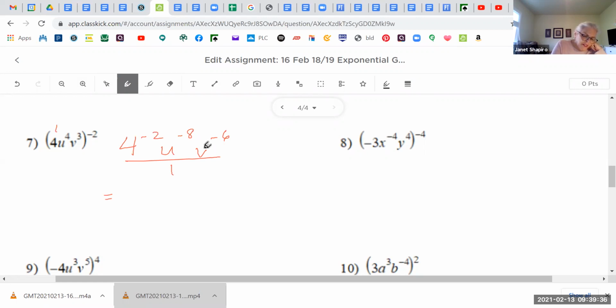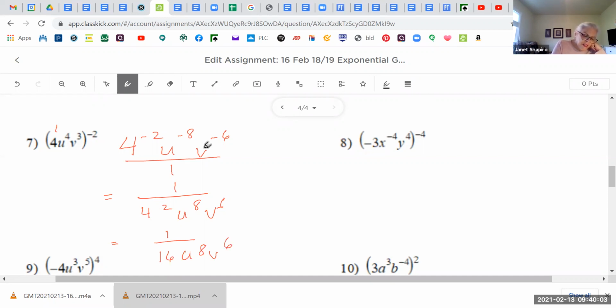So I'll have 4 to the 2, u to the 8th, v to the 6th. Sorry, no negative there. And then when I do that simplifying, I get 1 over 4 times 4 is 16, u to the 8th, v to the 6th.